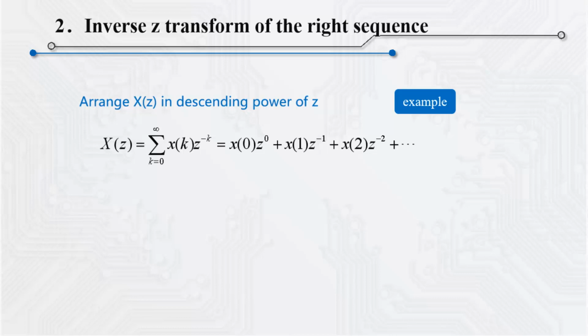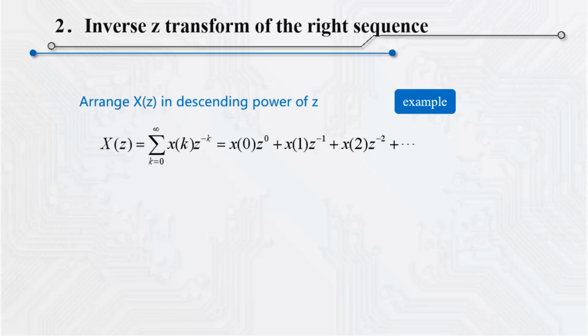Then, in the process of solving the inverse Z transform using power series, depending on the convergence domain, we can divide it into the form of right sequence and left sequence. In this example, since the convergence domain is outside the circle, the result is the form of the sequence on the right.